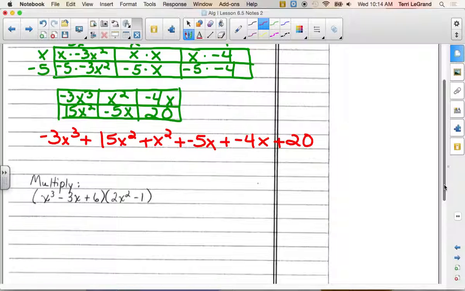So we have that negative 3x cubed that has no other term like it. How many x squareds do we have altogether? 16 of them. How many x's do we have altogether? Negative 9 of them. And the constant does not have anything to be combined with.